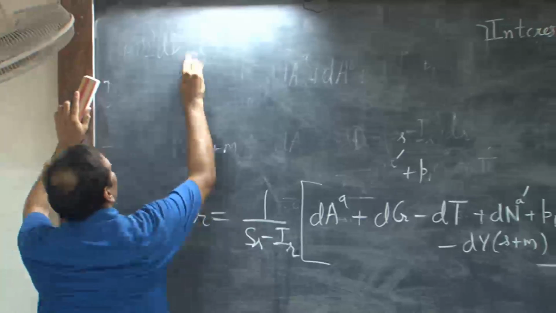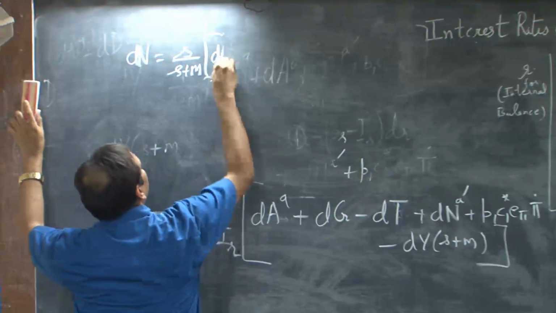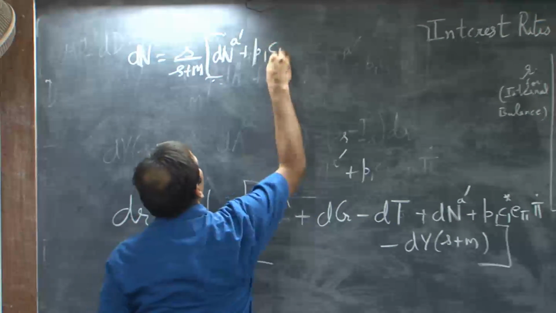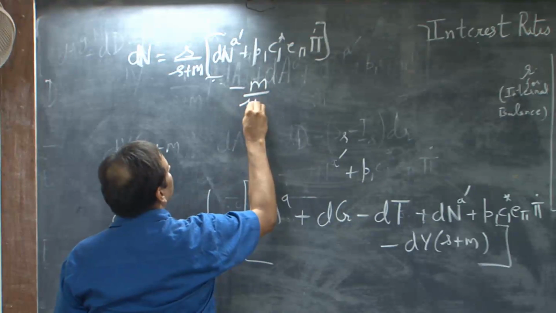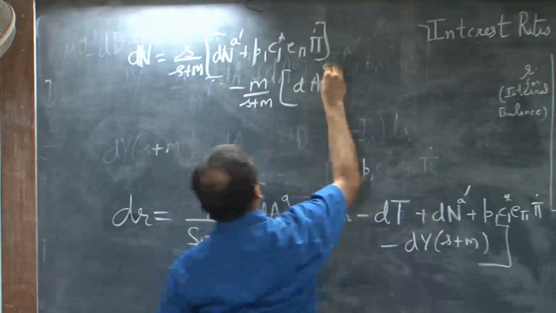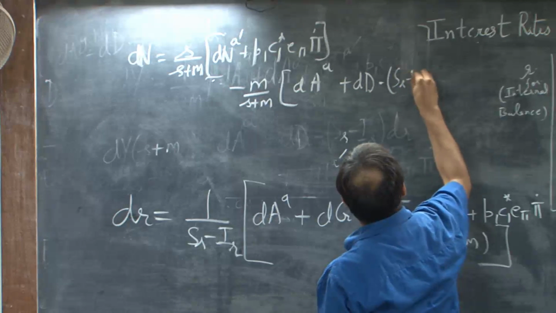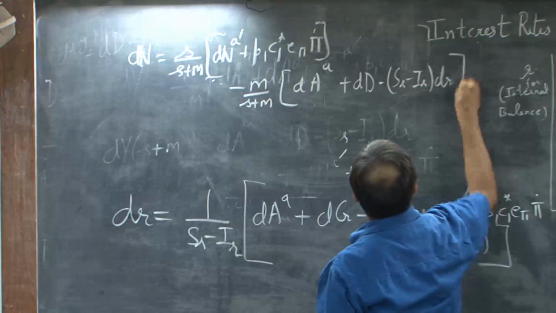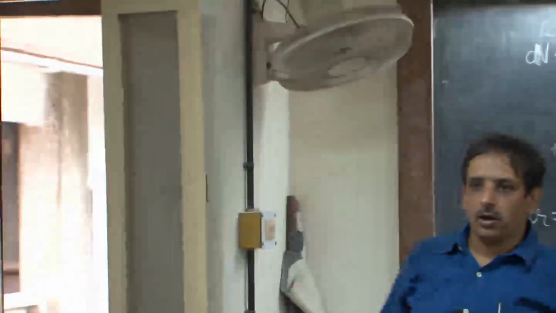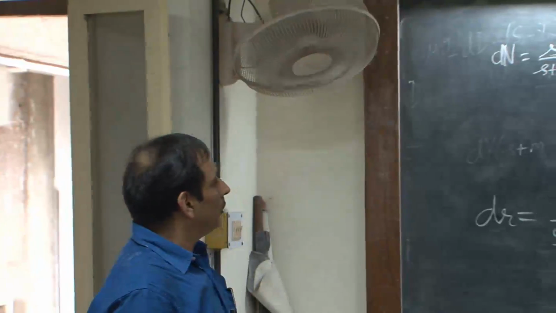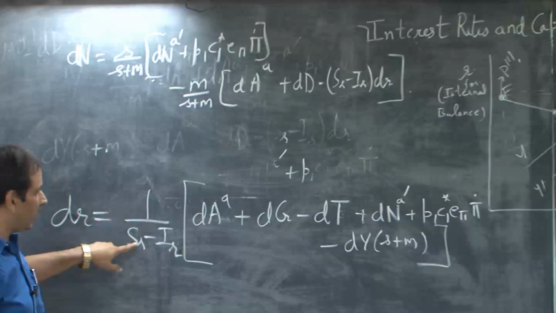The FF curve: dn is S upon S plus M times dna dash plus P1 C1 star E pi dot, minus M upon S plus M times daa, and daa is dd minus SR minus IR dr. It will be an angle which will be lower than 1 upon SR minus IR.